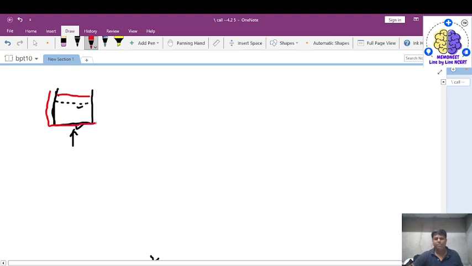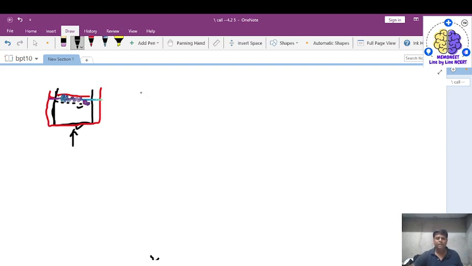Because the container expanded, the resultant height will appear to be only up to this point. So the actual expansion is this much, but it will appear only this much. Are you getting my point?